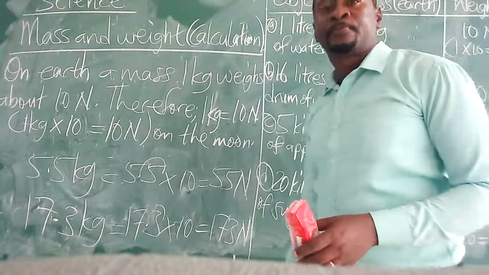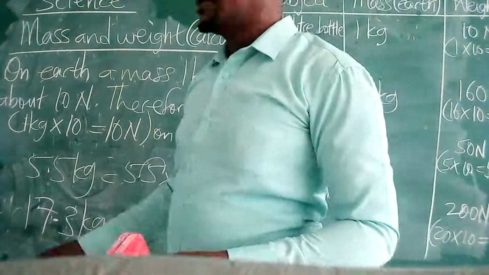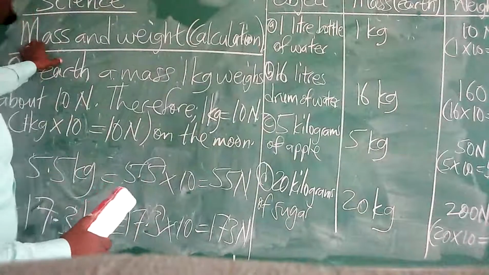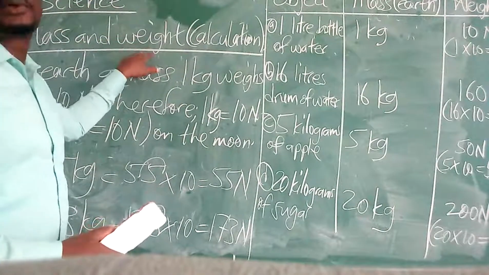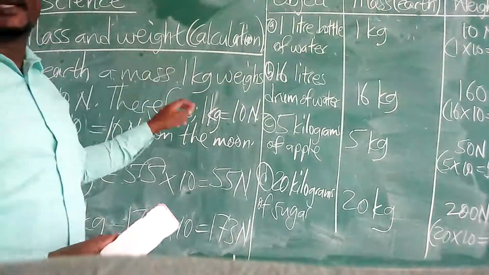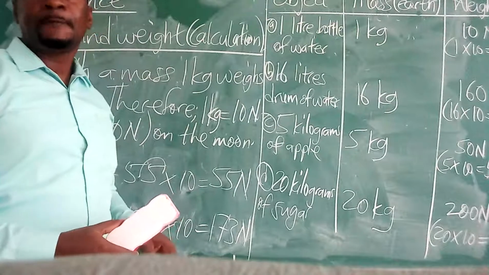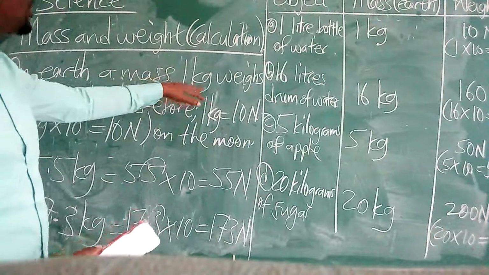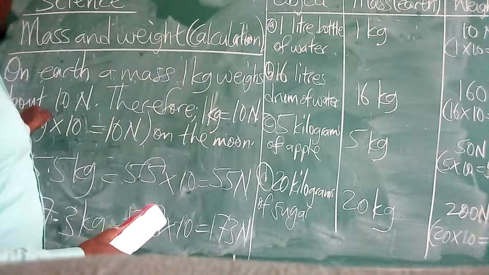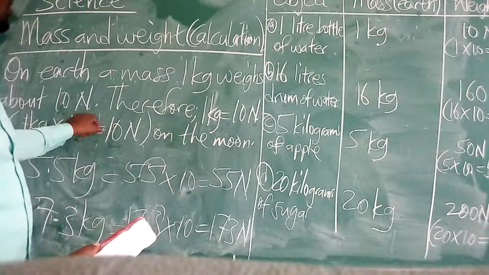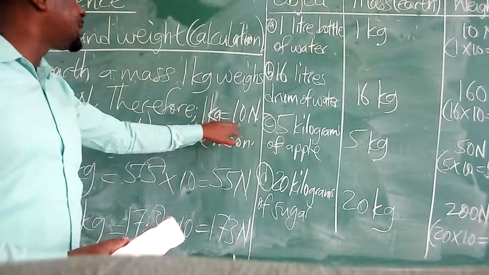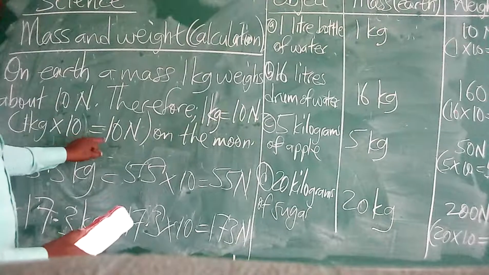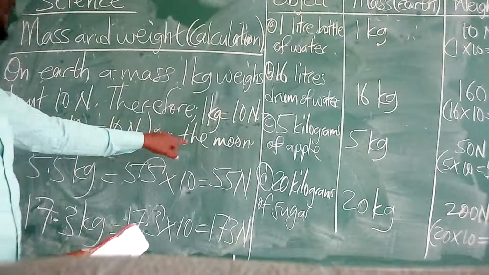Children, I hope this calculation, that the mass on earth and then the weights on the moon, you have understood it. I've told you that here on the earth, a mass of 1 kilogram weighs about 10 newtons. So we have 1 kilogram times 10 is equal to 10 newtons on the moon.